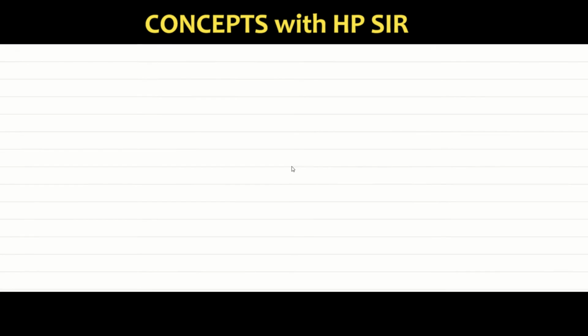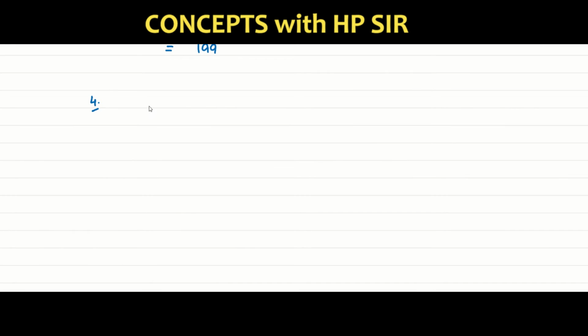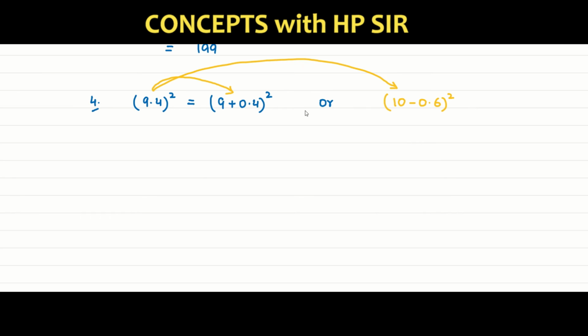Let's try another question. Suppose the question says you have to find the square of 9.4. You can write this down as (9 + 0.4) whole square, or you can write this down as (10 - 0.6) whole square. Both of them are correct. In the first case we are using the sign plus, and in the second we are using the sign minus.